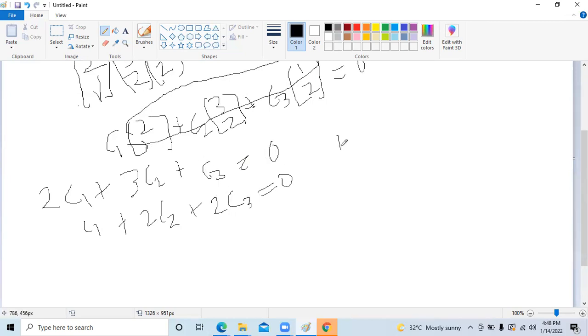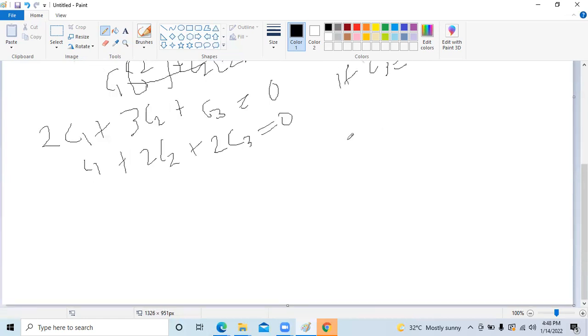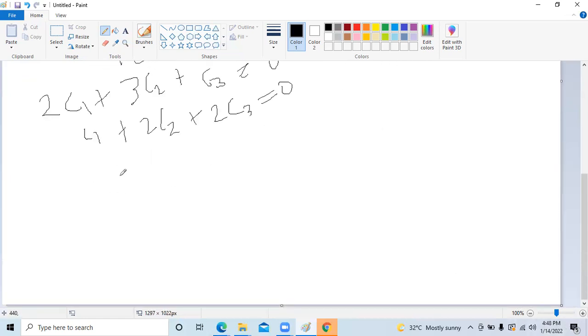So let's say if C3 is equals to -1. So we'd have 2C1 plus 3C2 -1 equals to 0.